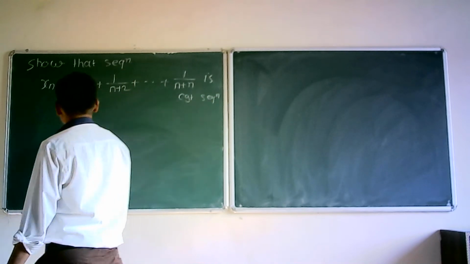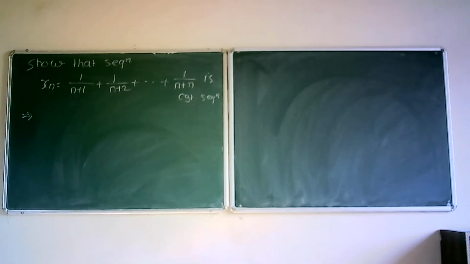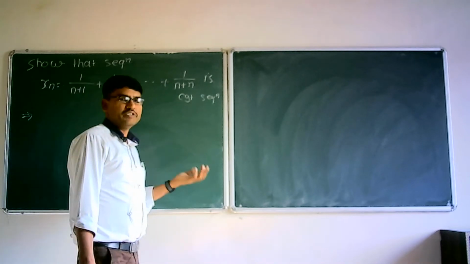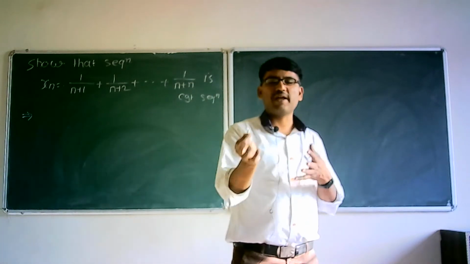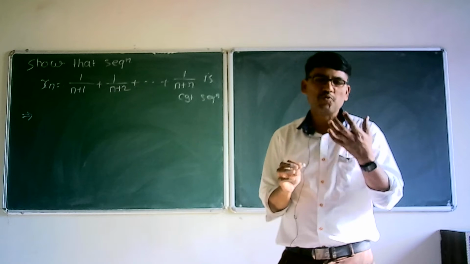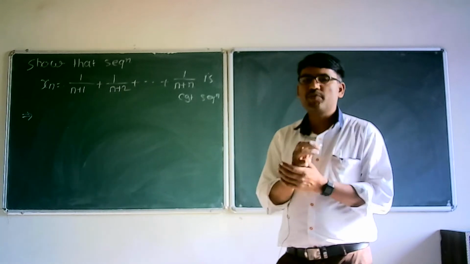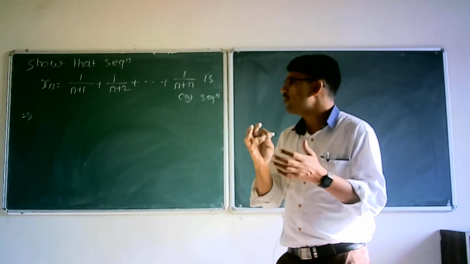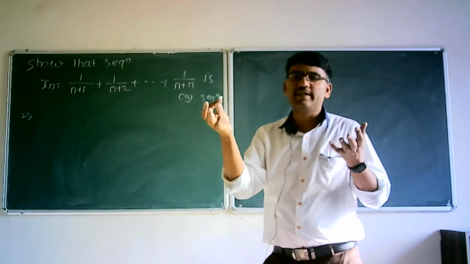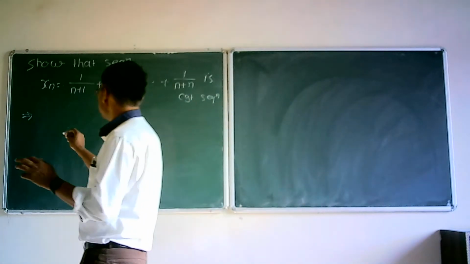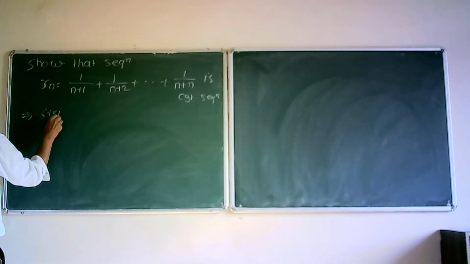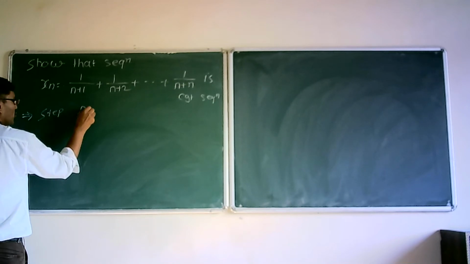We want to show that this sequence is convergent, and to show this, we are going to apply the previous theorem. If we want to apply the previous theorem, then first we want to show that this sequence is monotonically increasing. So in step one we show that the given sequence is monotonically increasing.